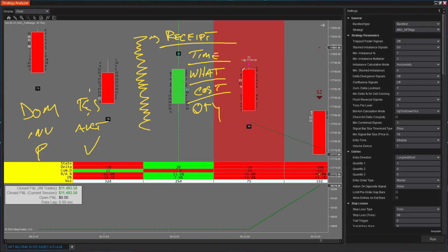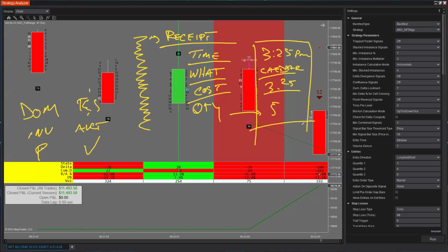You go to the cheese mart and you're a cheeseaholic, and you buy 5 blocks of aged cheddar. I don't know, whatever you like. You buy it at $3.25, again random, we'll stick with 325, in the afternoon, right? So this is your receipt that you get after buying your purchase.